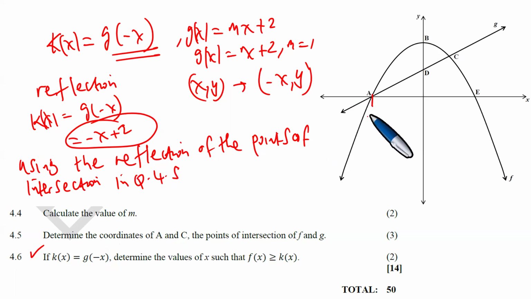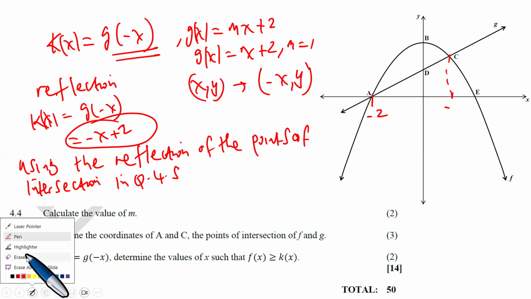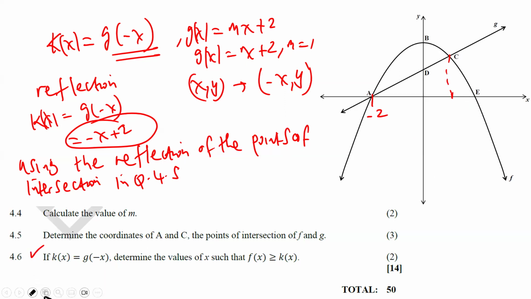You'd remember that this is minus 2 and this is actually 1. This is minus 2 and this is 1.